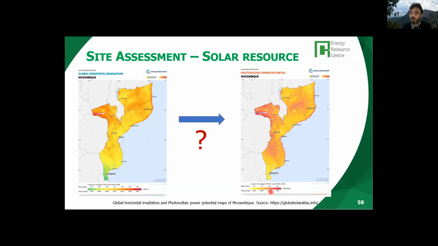What is the difference between this map and these two maps? From this map here to this map here, what has changed? Who can tell me what happened between this map and this map? Very quickly, can we get some reactions, please?